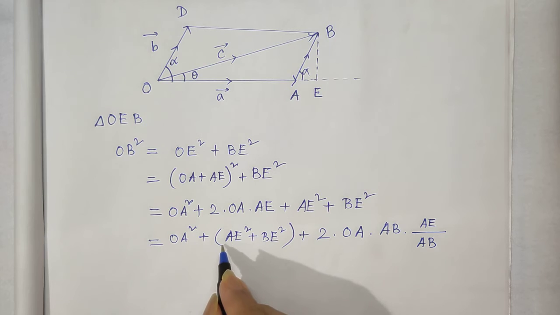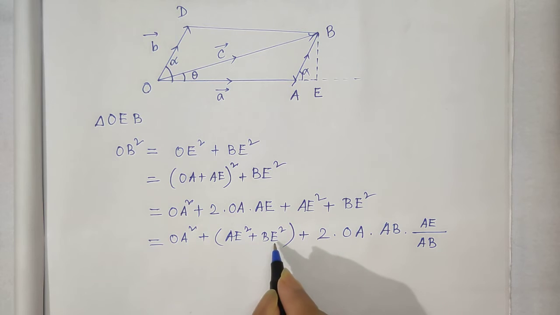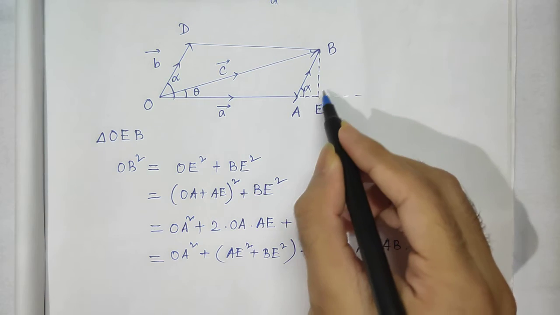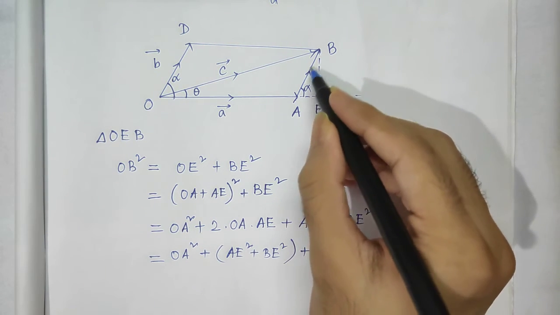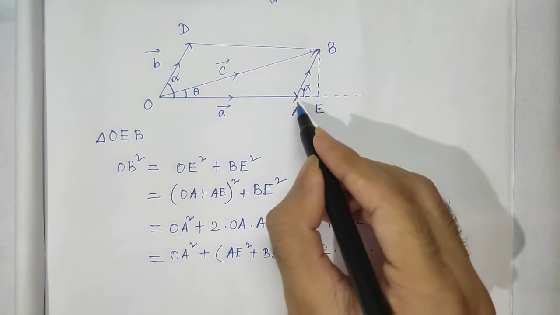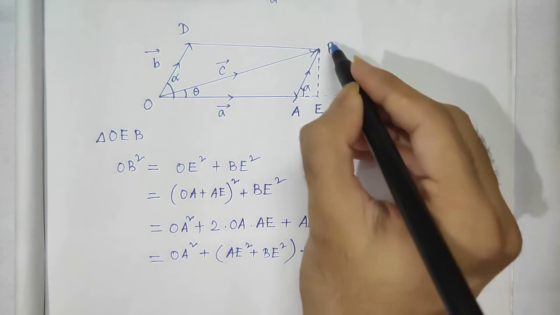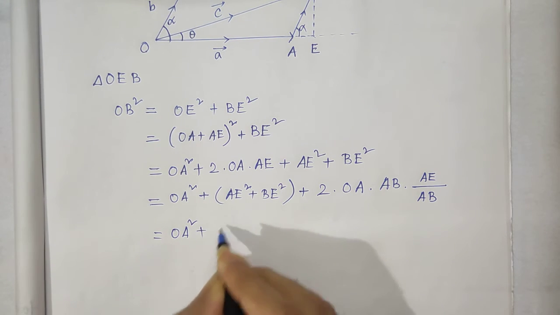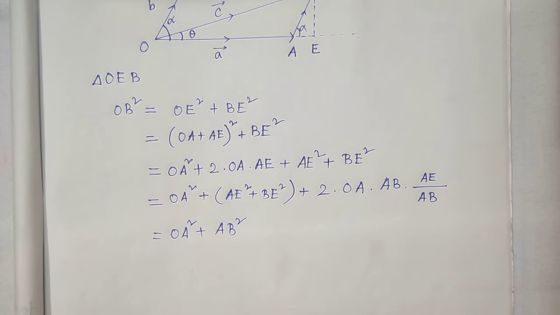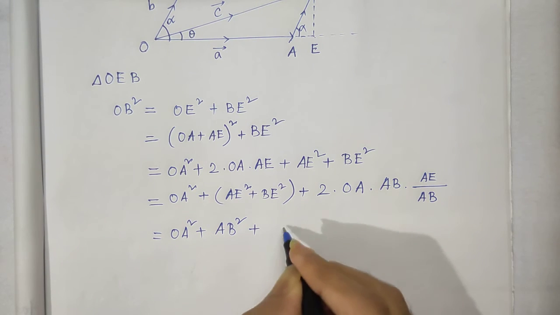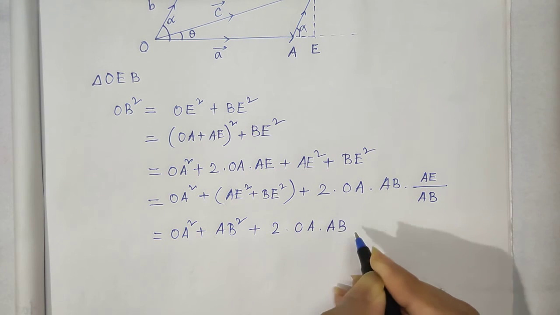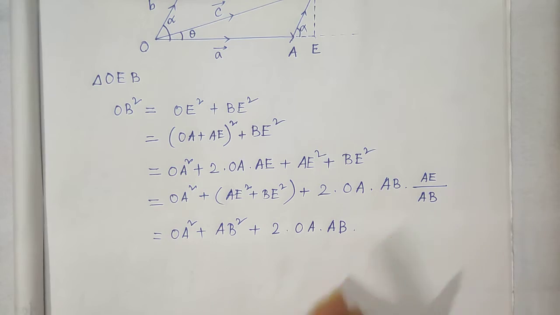Okay. Now we have to pay close attention to this part. AE square plus BE square. What does it denote? It denotes AB square, right? For this triangle AEB. So OA square plus AB square plus 2 into OA into AB into AE divided by AB.